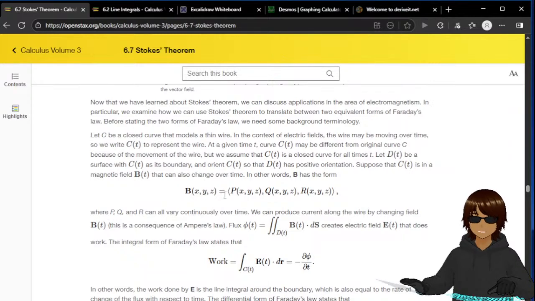Shouldn't they also take a time input as well? We can produce current along the wire by changing field B_t. This is a consequence of Ampere's law.